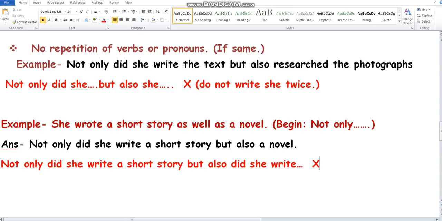All these are incorrect. No repetition. I hope you've understood. A few more examples to make it clearer.